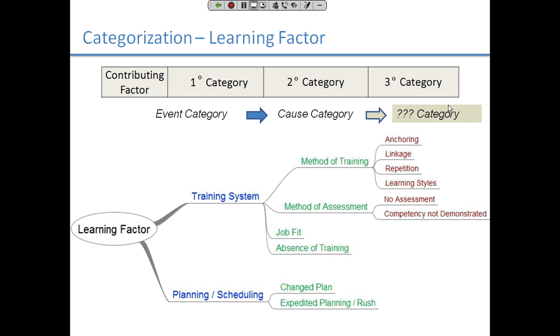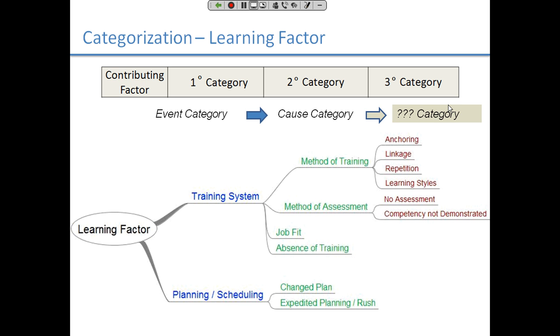What category level 2 does is it allows us to go a bit further and really tease out what it was about the training system that was flawed. Was it method? Was it assessment? Was it the fact that training hadn't been done? It gives us the opportunity to drill down further.